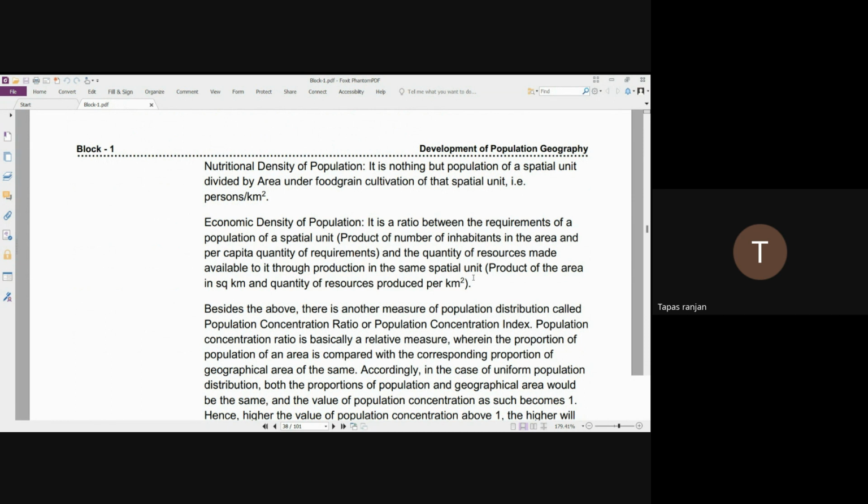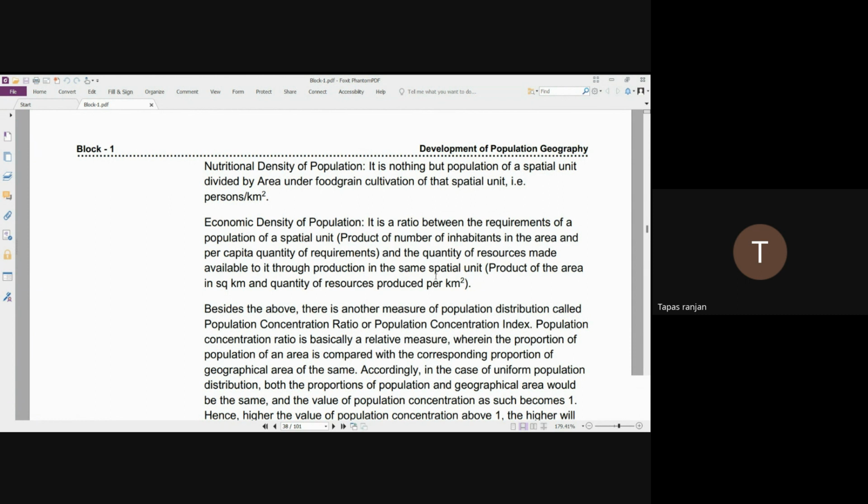That is the economic density. Let's suppose a spatial unit has a lot of resources that can support 1000 people.